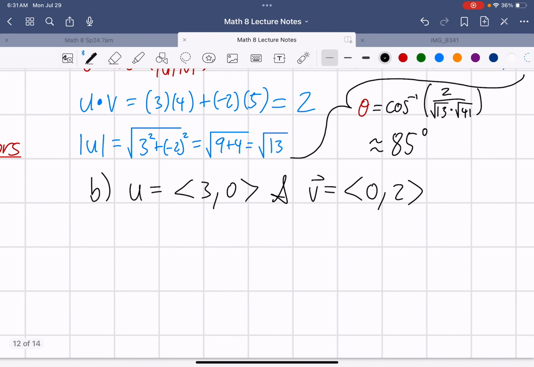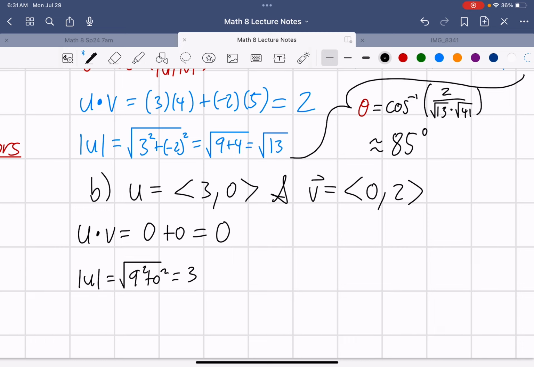Now this next example is a little quicker, just because, well, 3 times 0 is 0. 0 times 2 is 0. So the dot product is 0. Now the magnitude of u is the square root of 9 squared plus 0 squared.